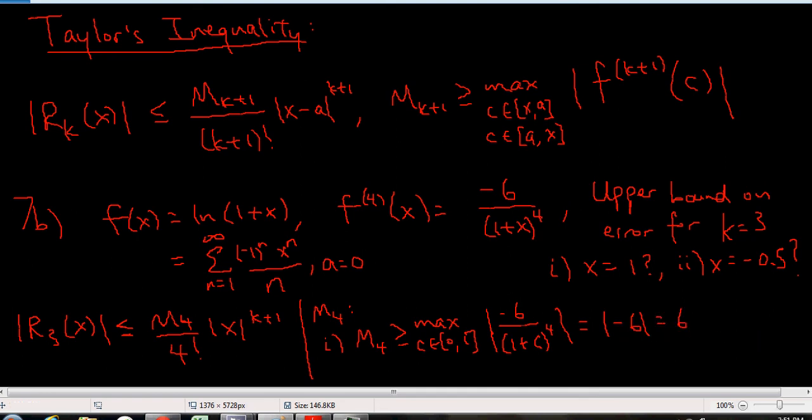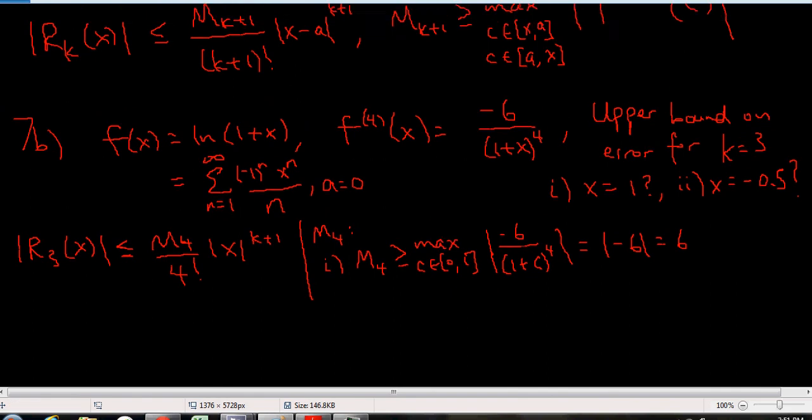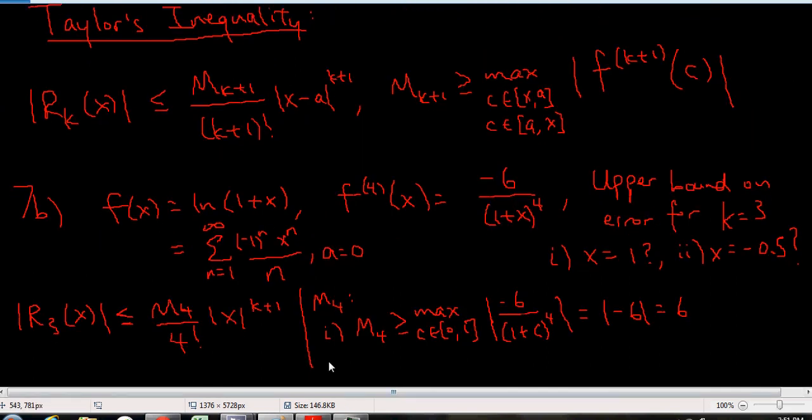Well, what about the case where we have x equal to negative 0.5? So we do the same thing. So we have M4, and sorry, the previous one was M4 is equal to 6, right? So M4 has to be bigger than or equal to 6, we just pick 6. So M4 here has to be bigger than or equal to the max of c between negative 0.5 and 0.